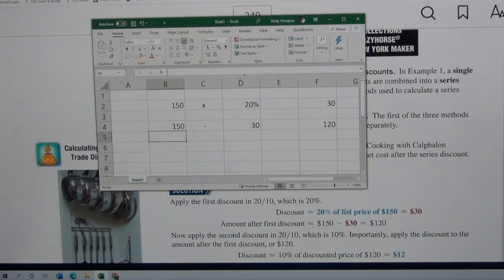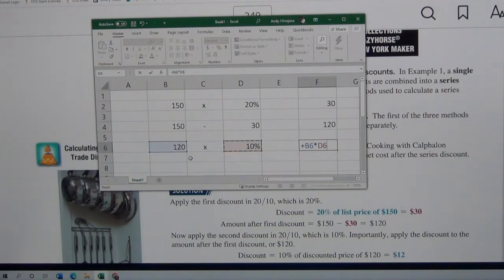So remember the discount is 20/10. Now we've taken off the first 20% and we've ended up with 120. Now we're going to take that 120 and multiply it by the next discount term, which was 10%. So we'll get our calculators out, take 120 multiplied by 10%, and we'll get $12.